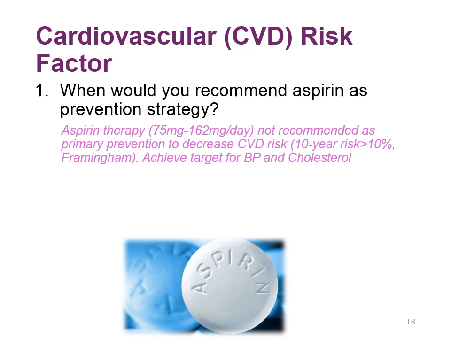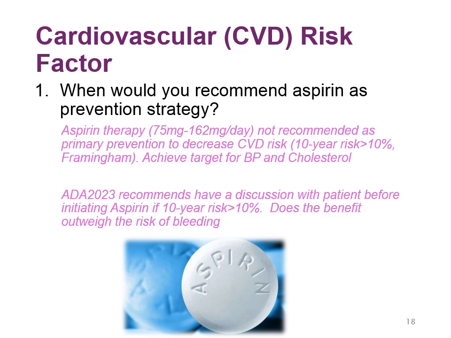So we need to achieve targets for BP and cholesterol. And again, the ADA 2023 recommends having a discussion with the patient before initiating aspirin if the 10-year risk is more than 10%. So basically, does the benefit outweigh the risk of bleeding? This is what we need to ask and discuss with the patient.